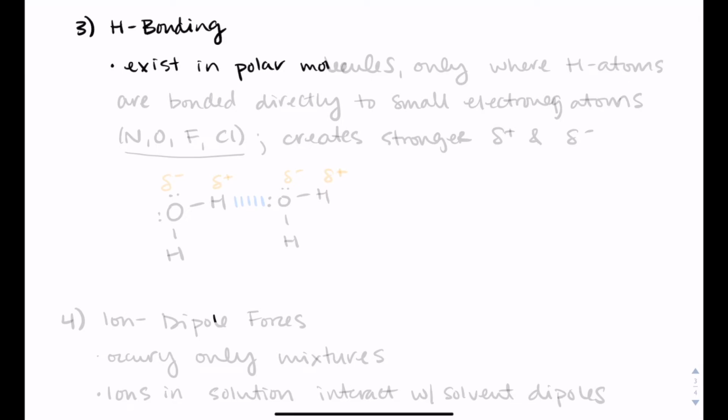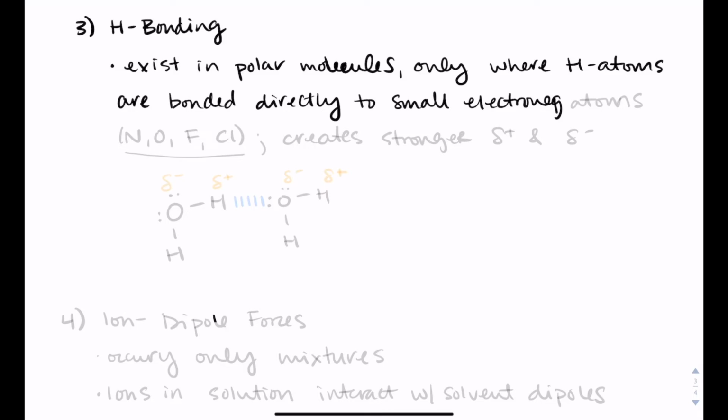That's because it's being compared to things like covalent and ionic bonds, those intramolecular forces. This is an intermolecular force, so between two different molecules, and out of London dispersion or van der Waals, dipole-dipole, and hydrogen bonding, it is the strongest. It exists in polar molecules, but in very specific ones.